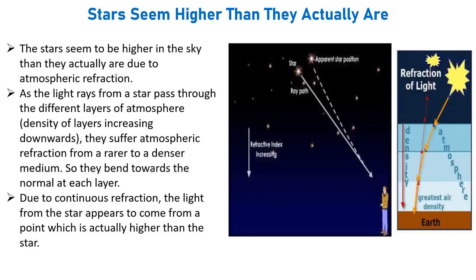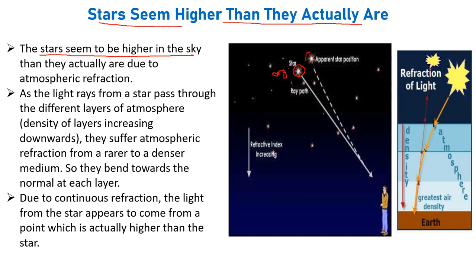So there are some very interesting phenomena in nature which are due to the refraction of light. Let's start with one of them. Here, if you see, the star seems to be higher in the sky. This is the star we are talking about. This is the original star, ORG.